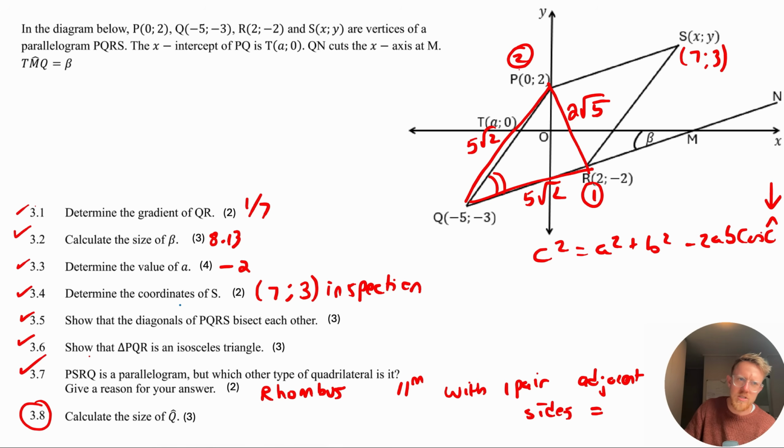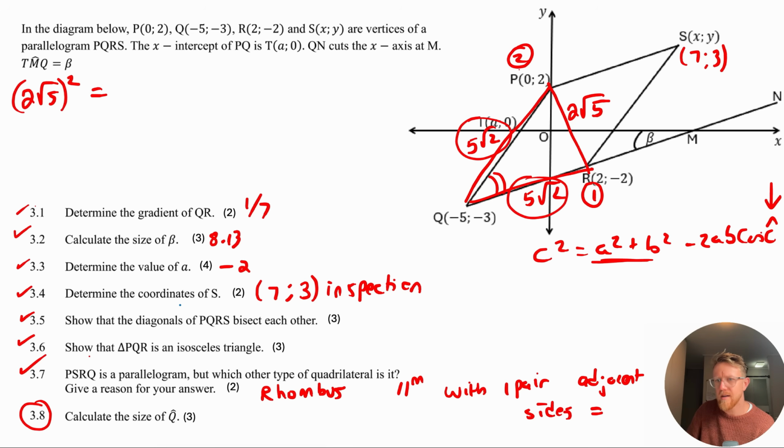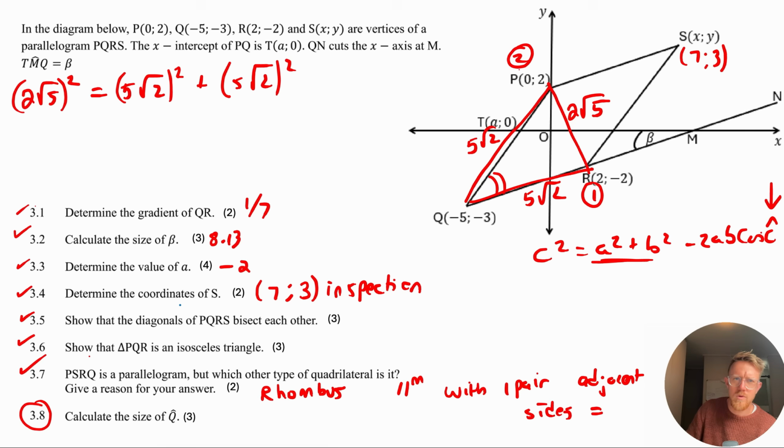You're going to get 2 square root 5, and then all of that must be squared. And then these two sides are the other two, so it's this one and this one. Okay, so it's going to be 5 square root 2, 5 square root 2, and then minus, and then again 5 square root 2, 5 square root 2, and then cos of the angle, which is called Q.